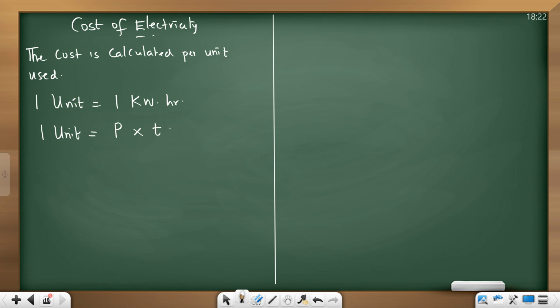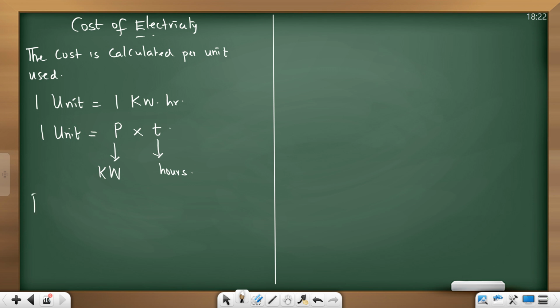Time. Power times time, which is my energy. But here, the power must be calculated in kilowatts, and time must be calculated in hours. Power must be calculated in kilowatts.